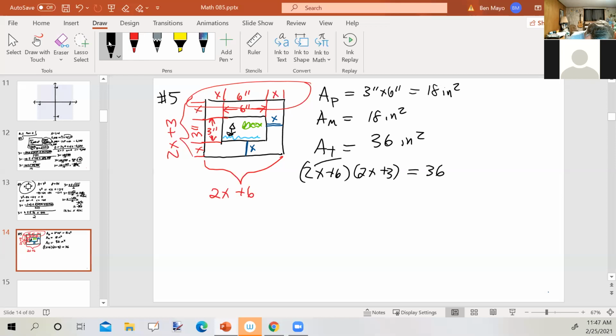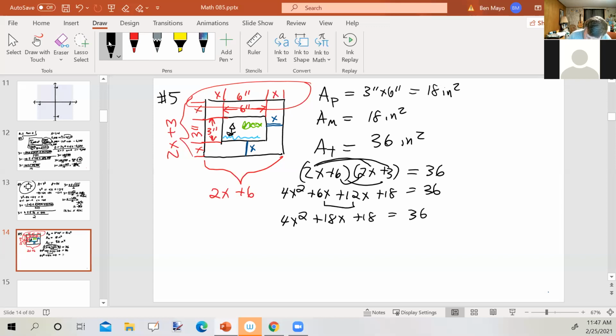Continuing, foiling, we get 4x squared plus 6x plus 12x plus 18 equals 36. Combining like terms, we get 4x squared plus 18x plus 18 equals 36.